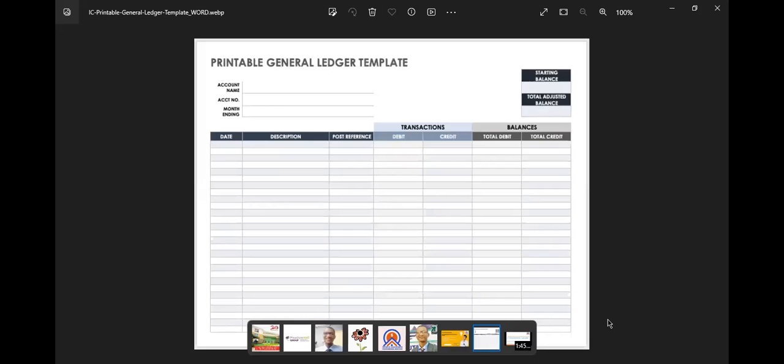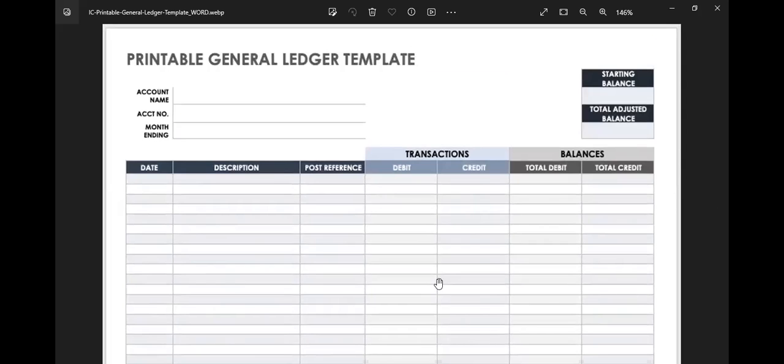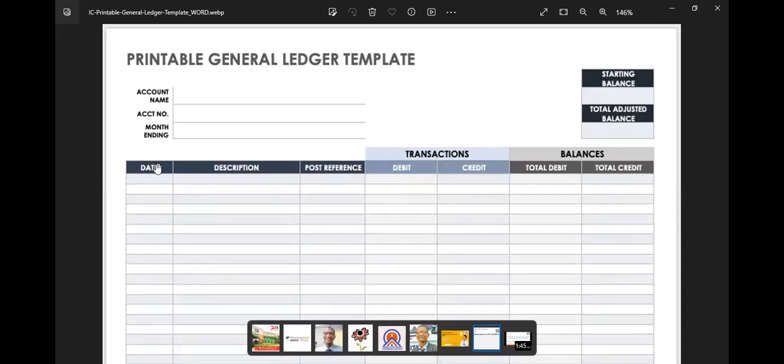This is general ledger. And this is how it always looks. For those who have not seen it before, it's going to have information about dates, description, and post reference, that is the code.